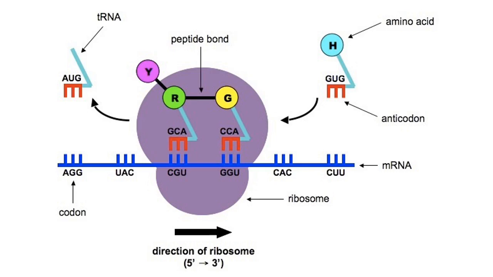They're binding the carboxy group at the carboxy terminal end of one amino acid to the amine group at the amino terminal end of the next amino acid. That is called a peptide bond. And as the ribosome moves along the mRNA from one codon to the next, from the start towards the stop, it just keeps adding on one more amino acid at each codon.